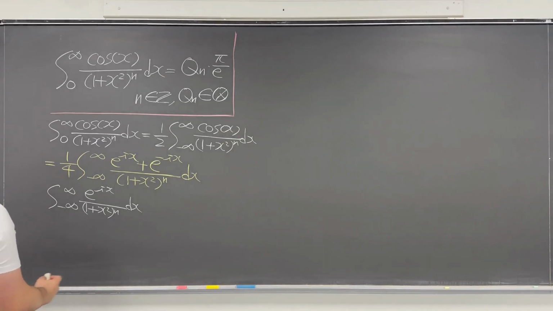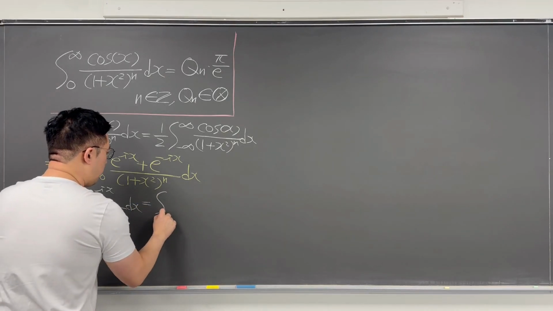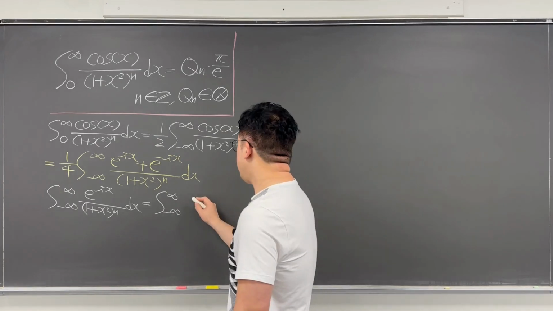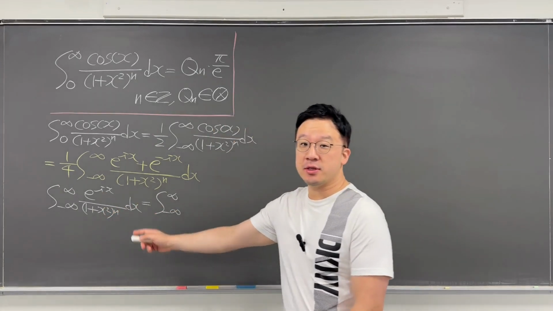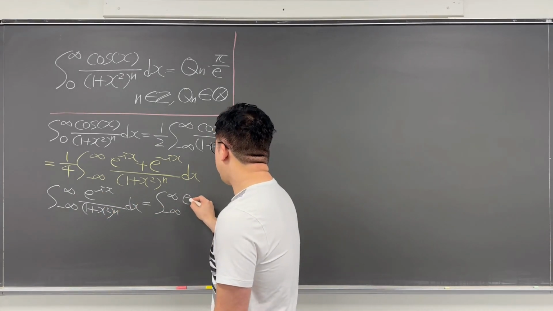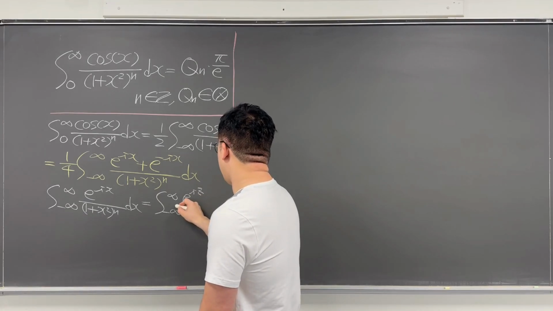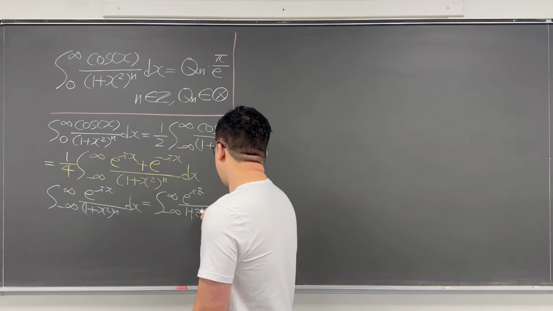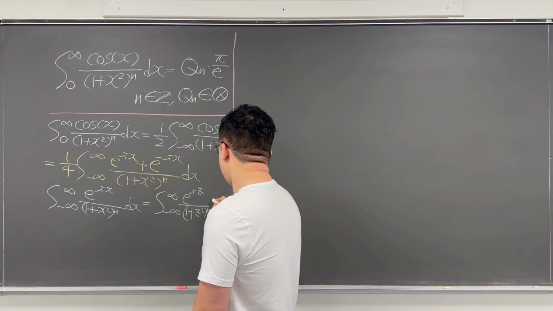Then this has to be the same as the integral from negative infinity to infinity still, of e to the power of iz, let me change this x to z, right? That over (1 plus z squared) to the power of n, and then we have dz.